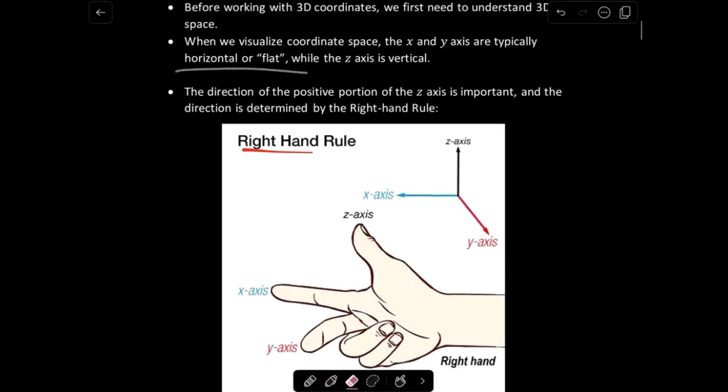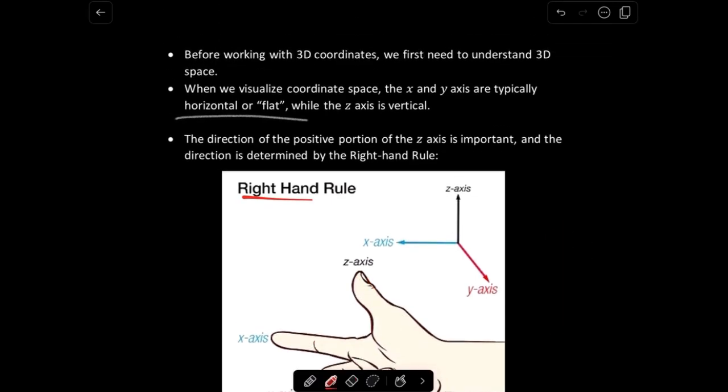Also, another thing that I did not mention, I said when we visualize the coordinate system, the x and y axis are typically horizontal or flat. The key word there is typically. It is not a hard and fast rule. Sometimes, and you're going to see this, when we draw surfaces, it may be better to visualize that surface if you have to draw, let's say, the x and y axis like so, and then the z axis coming out.